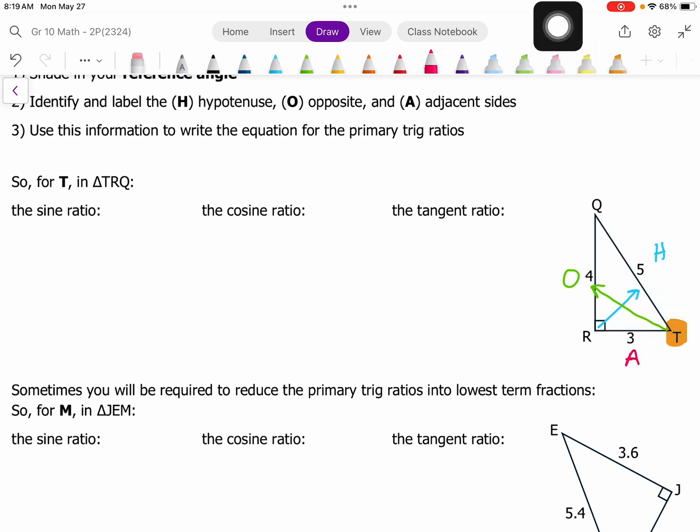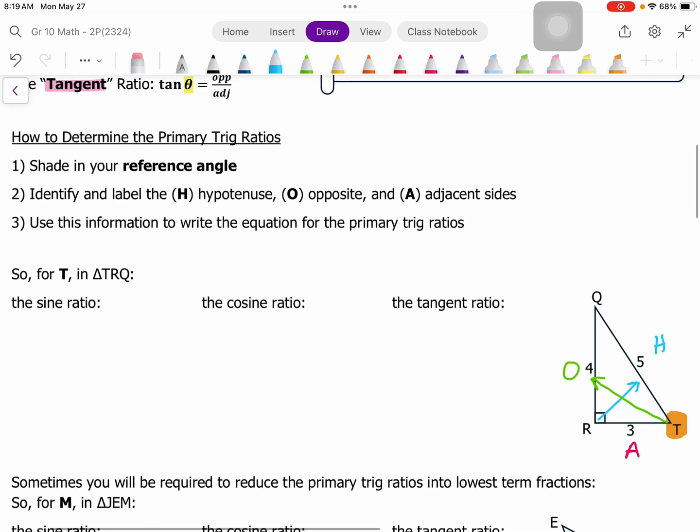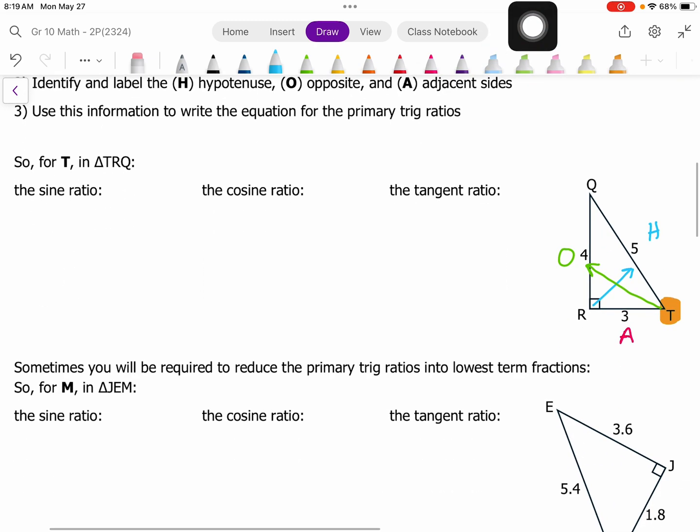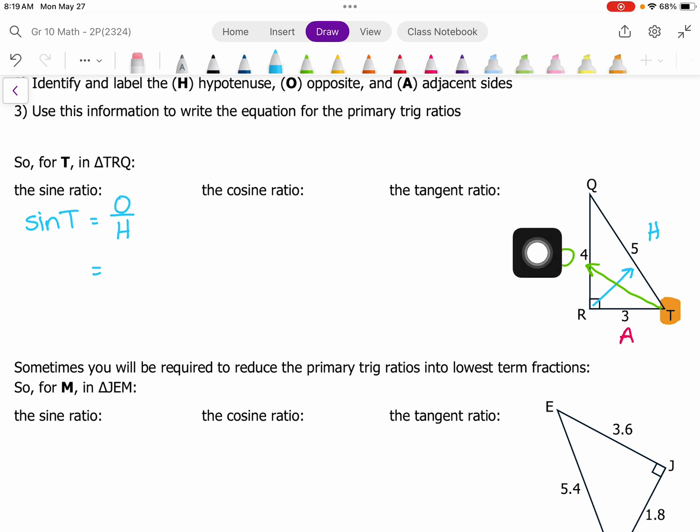For the sine ratio, instead of using theta, I know that I'm talking specifically about angle T, so I'm going to write the sine of angle T. Sine is equal to opposite over hypotenuse. I'm going to fill in the numbers: my opposite is 4 and the hypotenuse is 5. So sine T is 4/5.